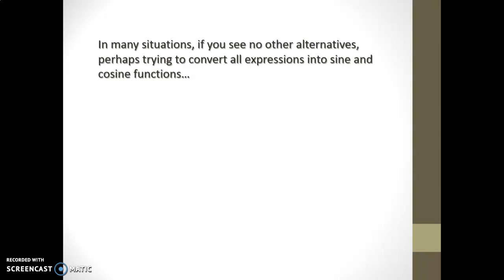In many situations, if you see no other alternatives than the examples we've covered so far, you can try to convert all expressions into sine and cosine. For example, tan square of x over secant cube of x does not fit with any of the cases 1 to 5.